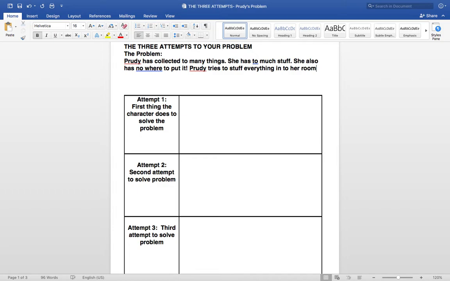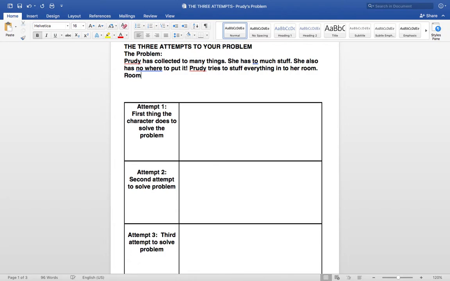And as she's trying to do that, because she has so much stuff in her room, the room explodes and her stuff goes everywhere. Okay? Now, don't mind all of my blue bits and bops here, right? And it's always good to go back over your things and edit through them, of course.